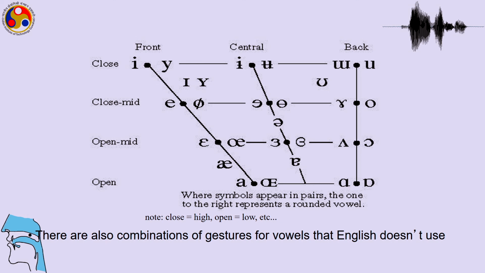So we have the front, central, back, and this is the vowel diagram, if you recall, and these are the cardinal vowels.